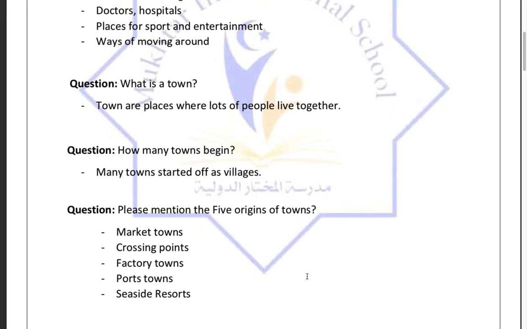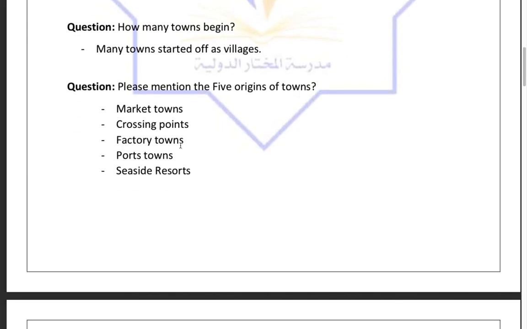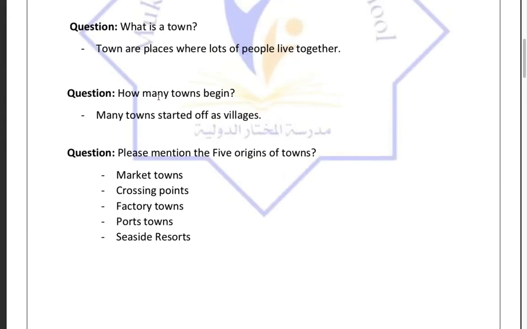Sorry, there is a mistake in here. So how do towns usually begin? How do towns begin? Many towns can begin as villages.